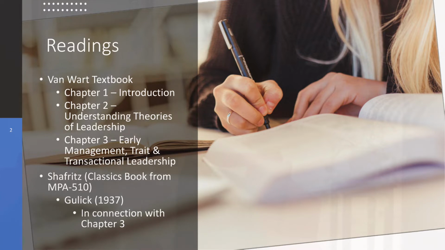You should have the classics book from MPA 510, the Shafritz, where you can find the Gulick article. But if you don't, let me know. The key readings for this week are chapters 1, 2, and 3 from Van Wart.